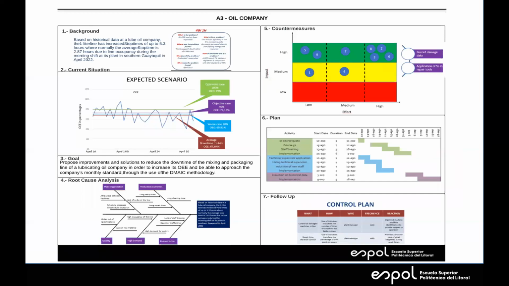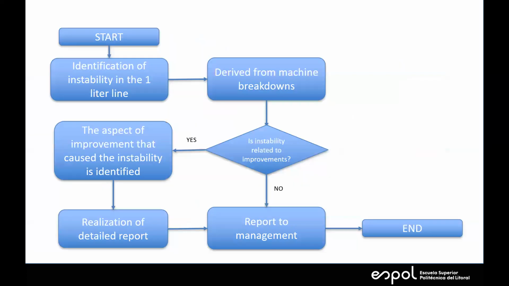This is iterated with all stages of the project. And for the reaction plan, we start with identification of instability in the 1 liter line. Later, the question on the derivative for machine breakdowns: is the instability related to improvements?